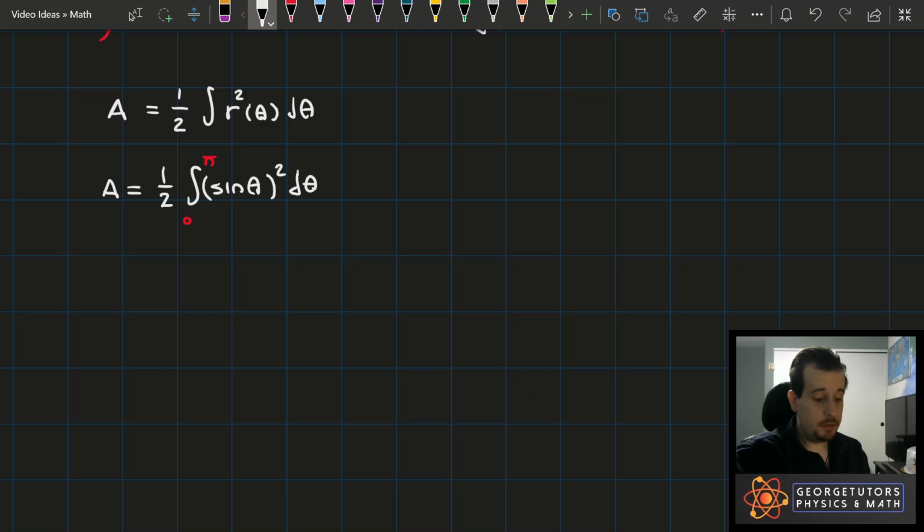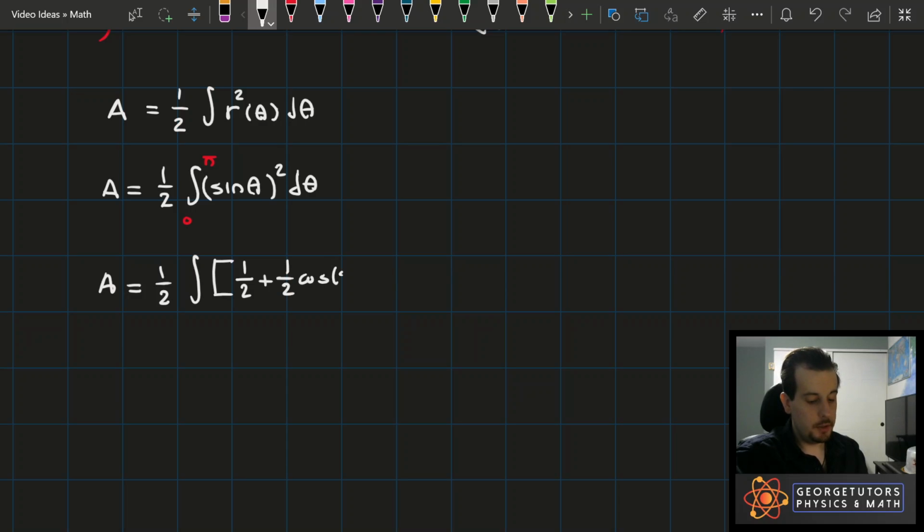Typically, this sine squared I would treat with a double angle formula, the one that can immediately convert this into a cos 2 theta. And you can do the conversion as follows. Sine squared theta is exactly 1/2 plus 1/2 cos 2 theta. So we basically replaced the square problem with a function that we can actually integrate to the single power.